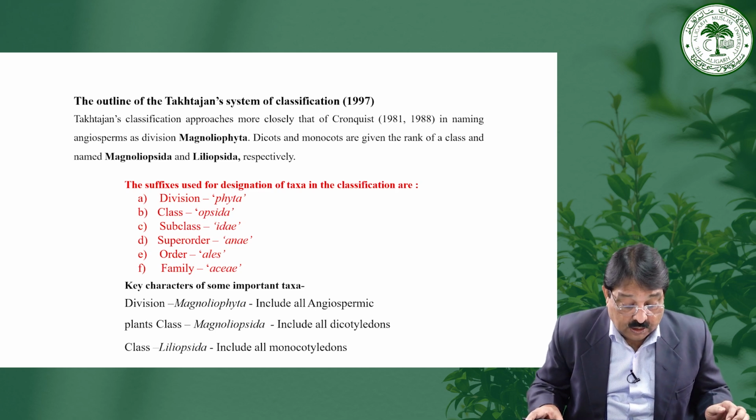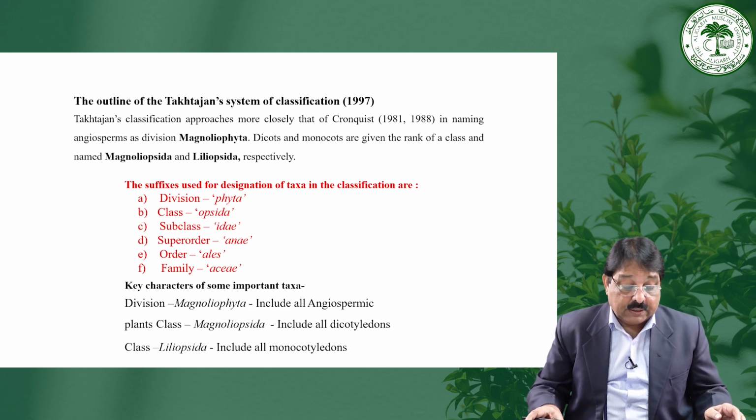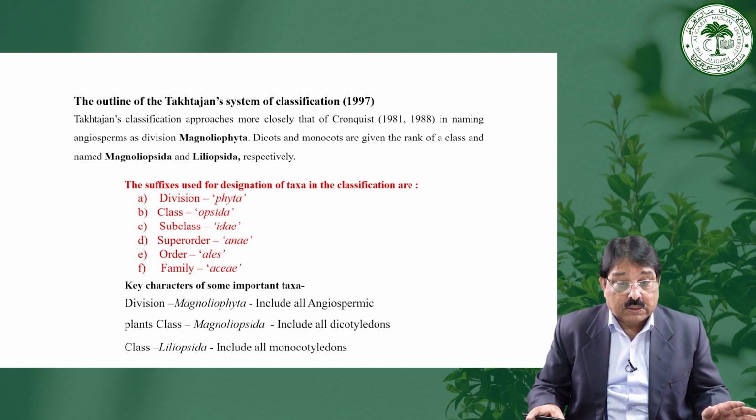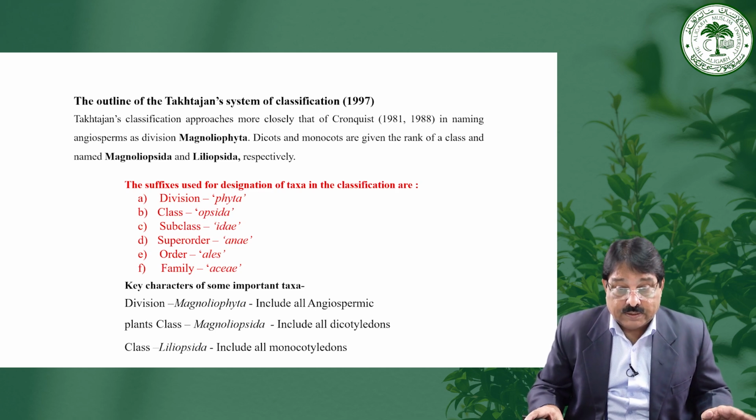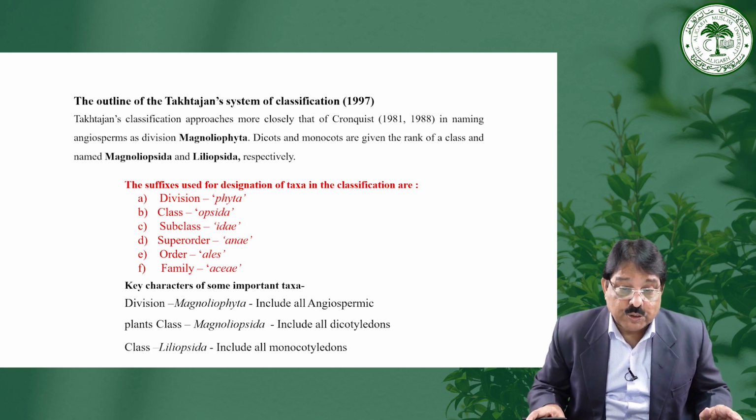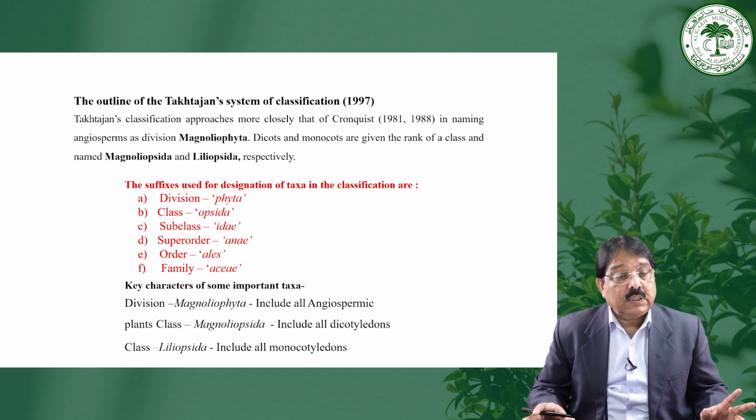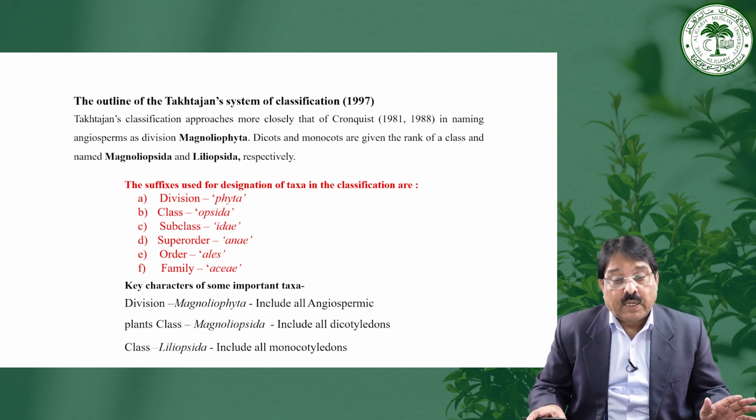The key characters of some important taxa: the division is the Magnoliophyta, that includes only angiospermic plants. And the class will be Magnoliopsida, all dicotyledons. He took out only angiosperms, and the angiosperms he divided into two classes, Magnoliopsida and Liliopsida.